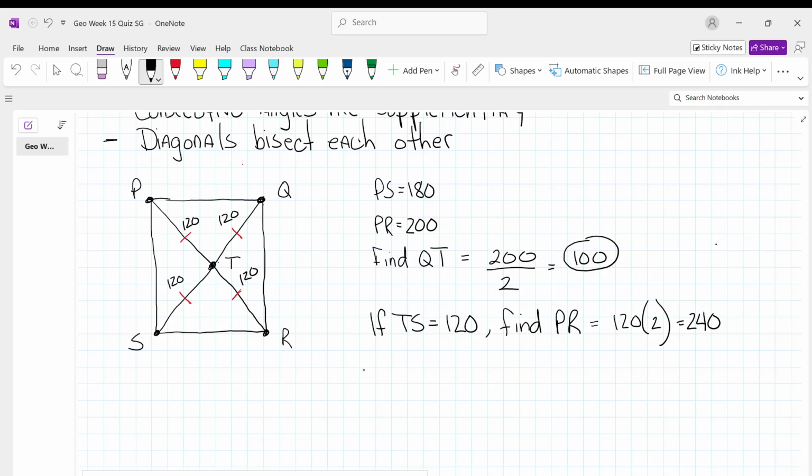You're told the measure of angle PRS is equal to 64. Find the measure of SRQ. All right, so PRS, this angle right here.